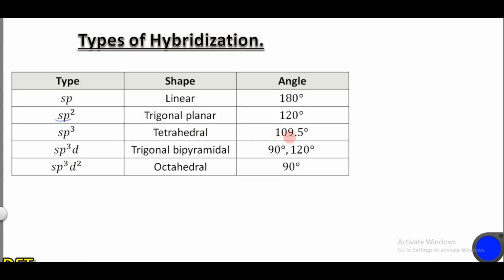The bond angle is 109.5 degrees. sp3d hybridization is trigonal bipyramidal in shape, and the bond angles are 90 degrees and 120 degrees. sp3d2 hybridization is octahedral in shape and the bond angle is 90 degrees. So this table is very important. You need to cram everything that is here. You need to understand everything that is here.